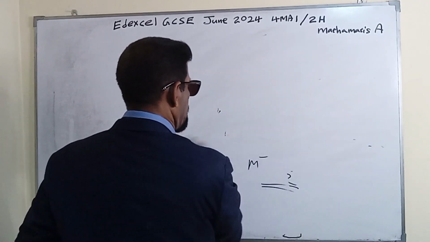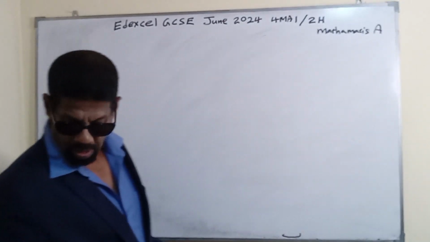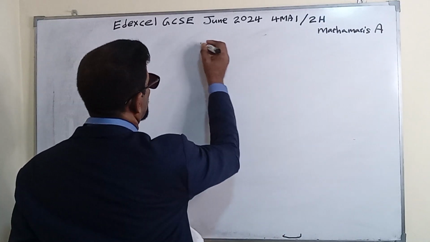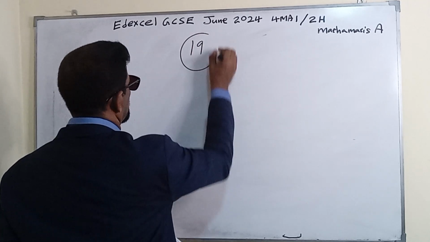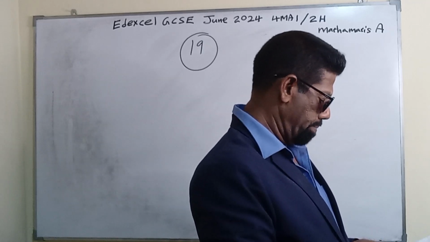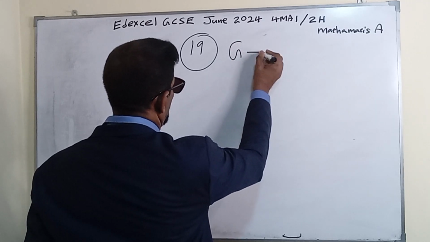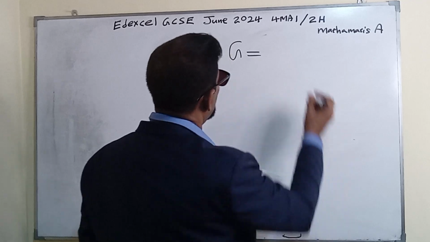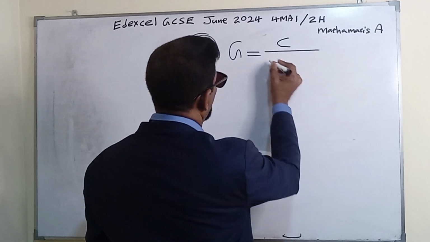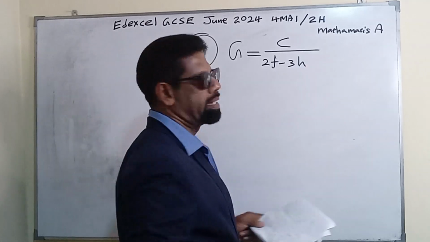Question number 19, paper 2HR. Now he gave that formula: G equals C over 2F minus 3H.